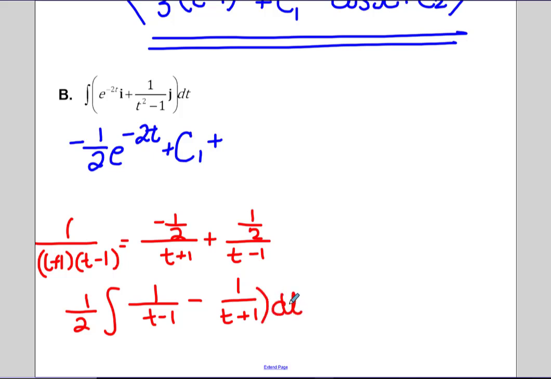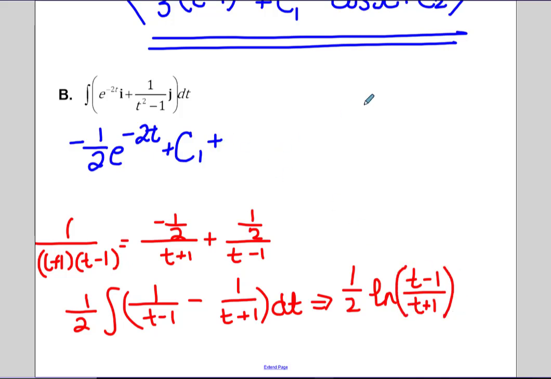So this is going to be natural log, so 1/2 natural log of t minus 1 minus t plus 1, so we can rewrite that as a fraction. And that would be this piece here.